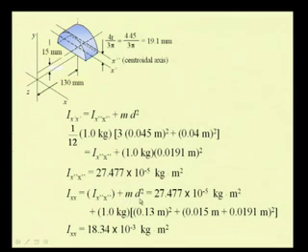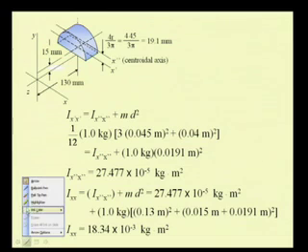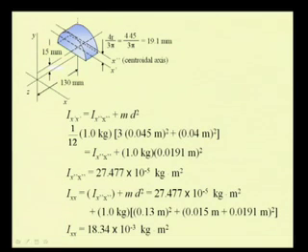In this case, this distance d is the distance between this axis x and x double prime. So, it is the distance between this and this. This distance square is equal to this distance, which is 130 mm, and the vertical distance, that is 15 mm.